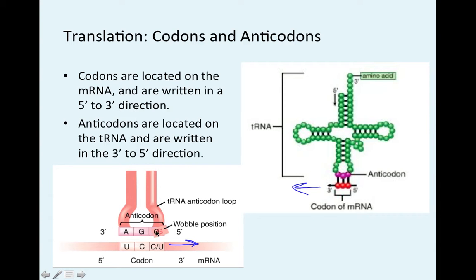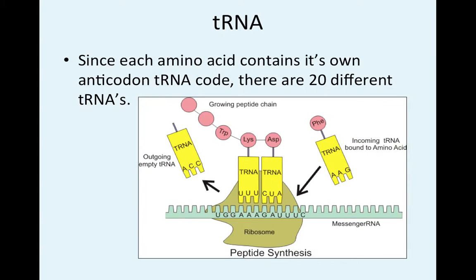Codons on the mRNA are written 5' to 3', but read 3' to 5', and the anticodons on the tRNA are written in the 3' to 5' direction. Now, since each amino acid has its own anticodon or tRNA, there are 20 different tRNAs, because each tRNA contains its own unique amino acid based on its anticodon sequence.